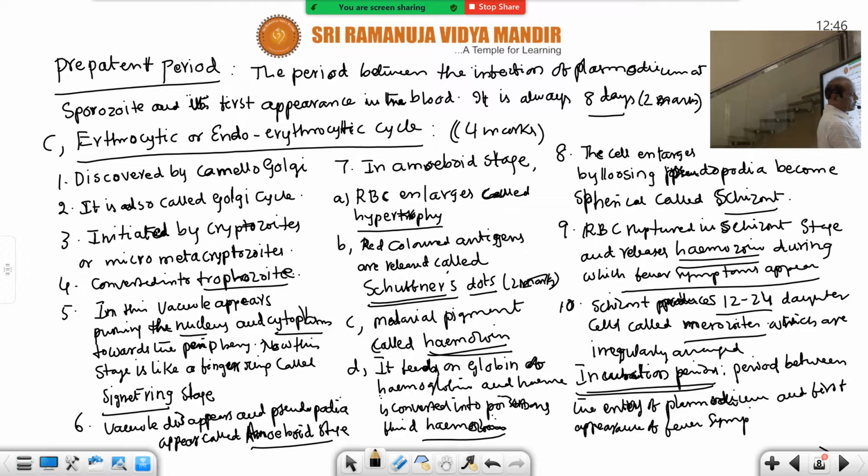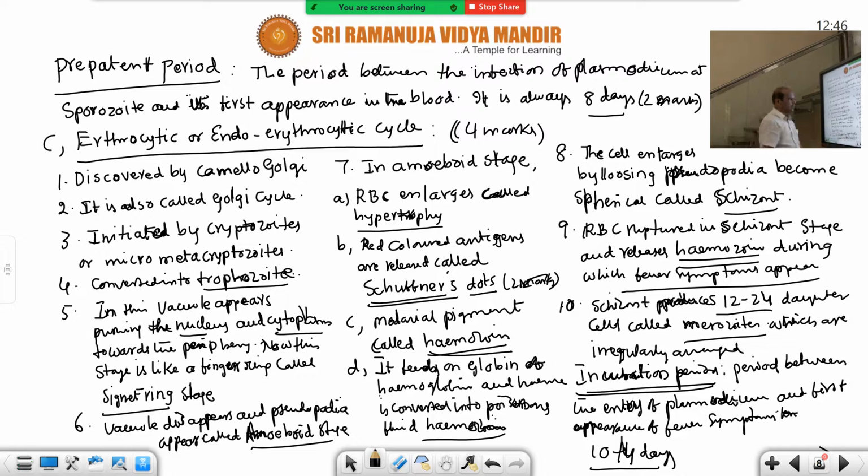The entry is as sporozoite, but you need not write that down. The incubation period is 10 to 14 days.